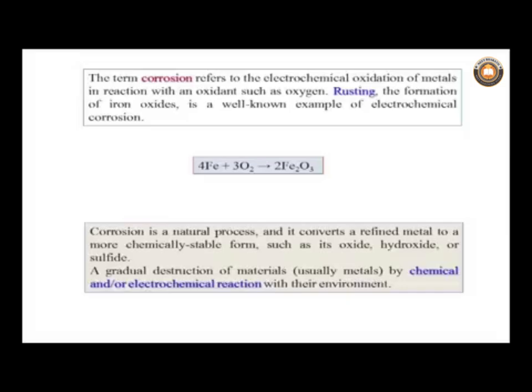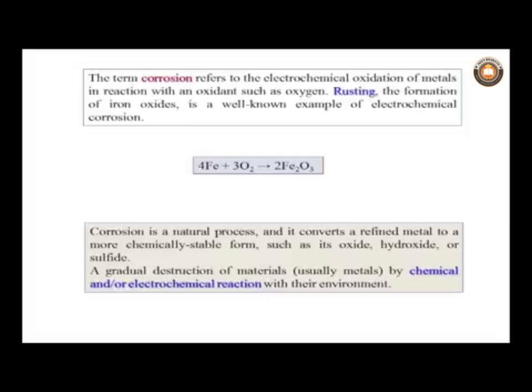The degradation of iron, zinc or any other metal is rusting, the common name for the formation of iron oxides, and it is a typical example of electrochemical corrosion. The presence of oxygen and moisture sets up an environmentally available electrochemical cell, and that cell is responsible for the electron transfer reaction.